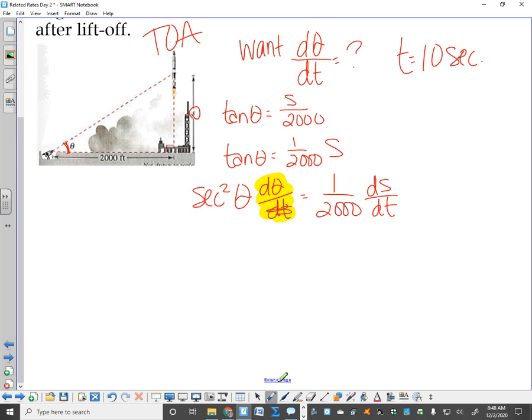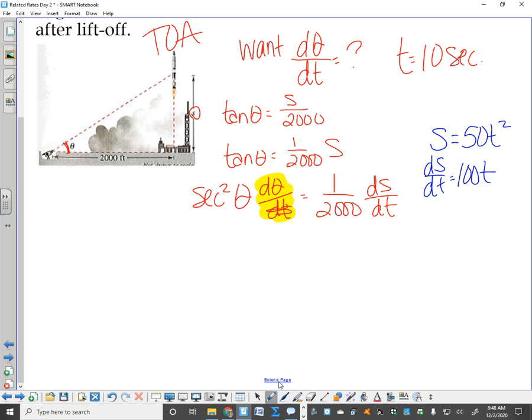Now they gave me a formula that was s equals 50t squared. So I can take that formula and take the derivative, and that will produce ds/dt. So ds/dt equals, by the power rule, 100t. Now, I just about wrote dt/dt, but let's think about this for a second. I'm taking the derivative of t, of time, with respect to time, so this side doesn't need implicit because that's the variable I'm taking the derivative with respect to.